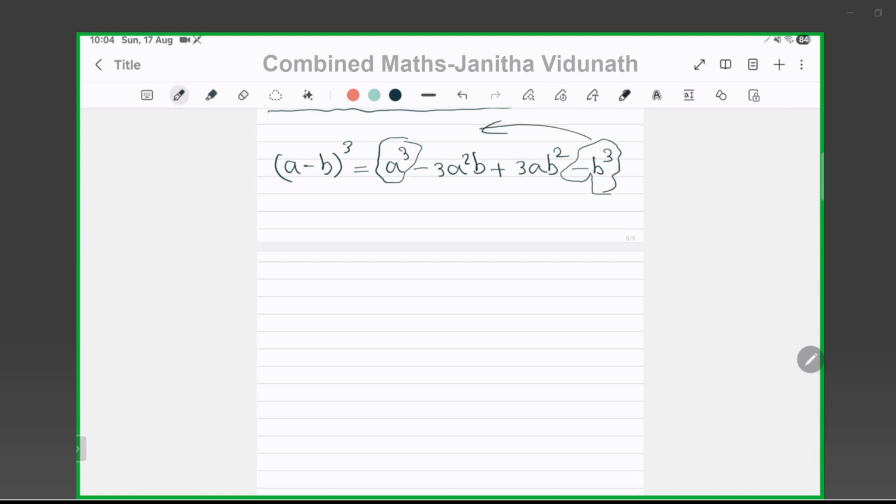When we group these two together, we can get (a minus b) whole cube as a cube minus b cube minus 3 times a square b plus 3ab square.